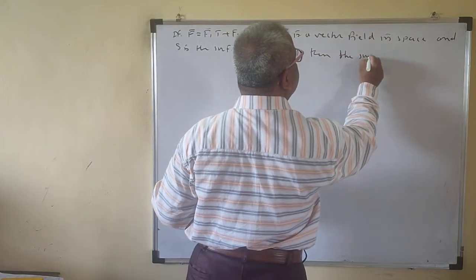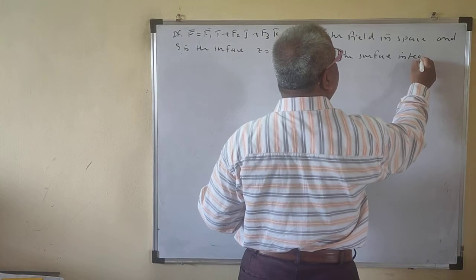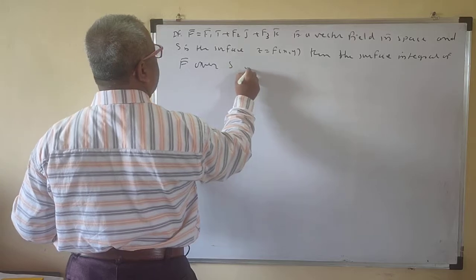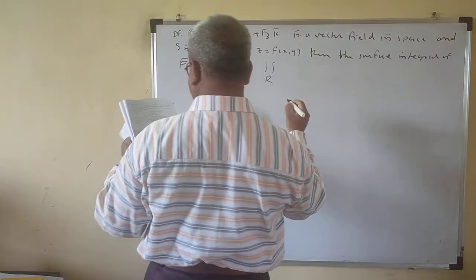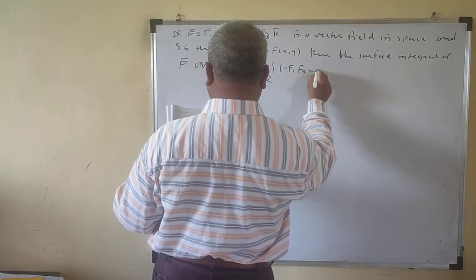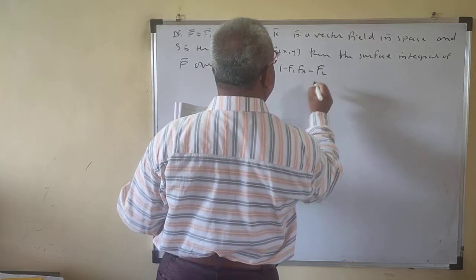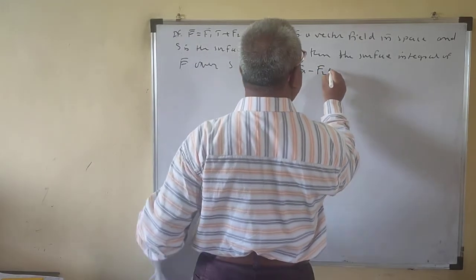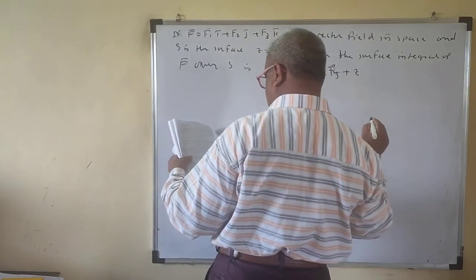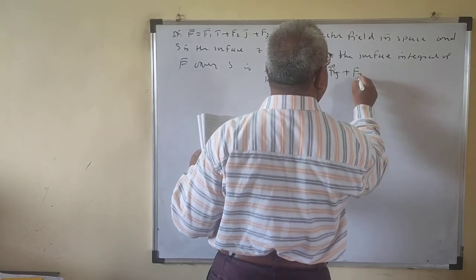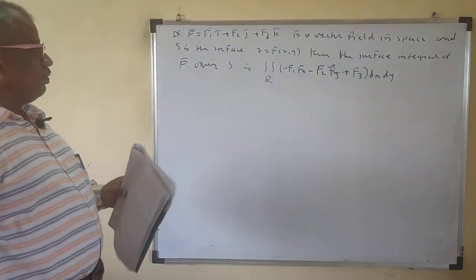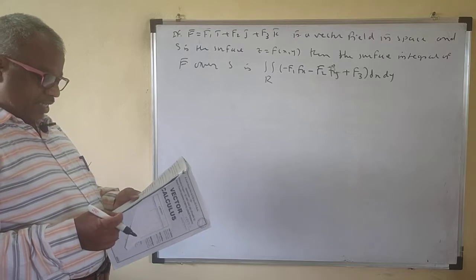The surface integral of f bar over S is the double integral over R of minus f1 fx minus f2 fy plus, z meaning here f3 as it is, plus f3 as it is, dx dy. Remember this as a formula.